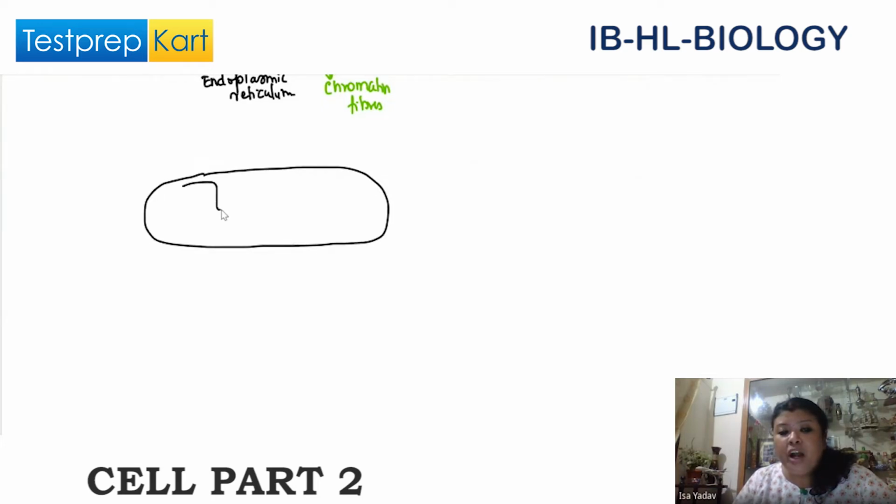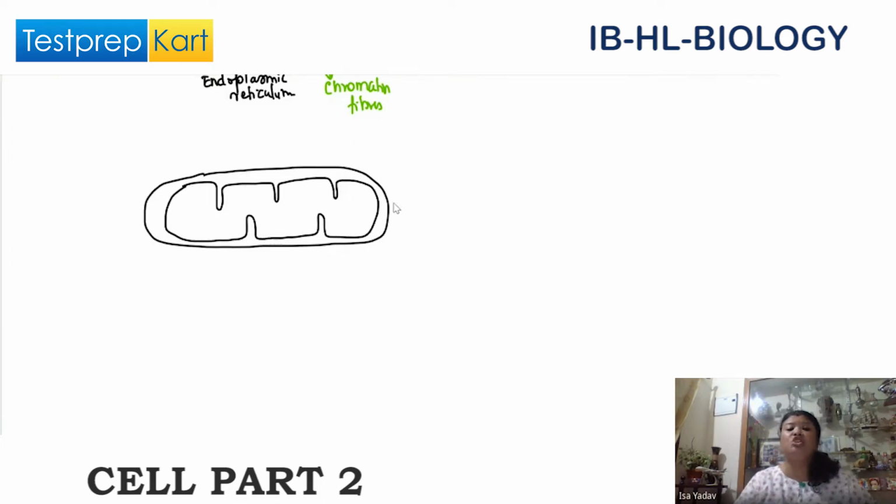The mitochondria are called the powerhouse of the cell. The mitochondria are the ones involved in energy production. This is the outer membrane of mitochondria, and this is the inner membrane of mitochondria. Between the outer membrane and inner membrane, there is a space called the perimitochondrial space.